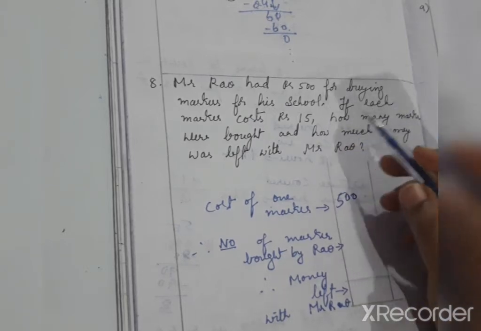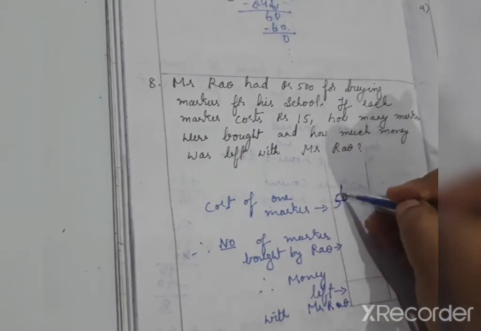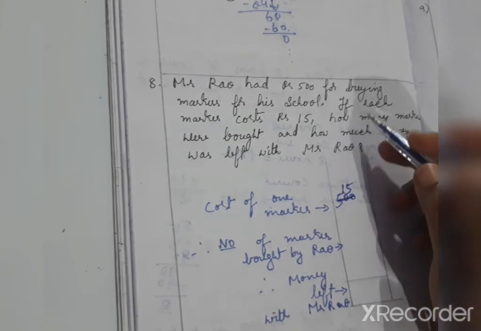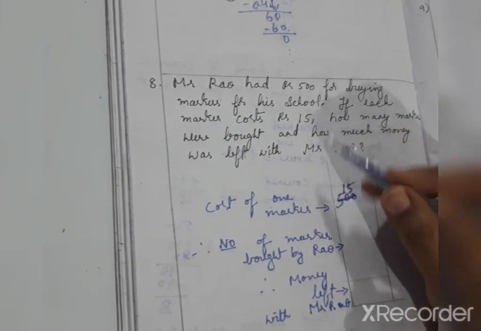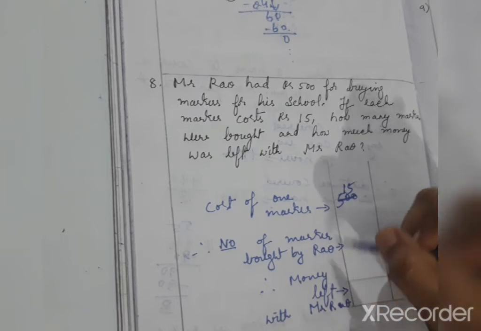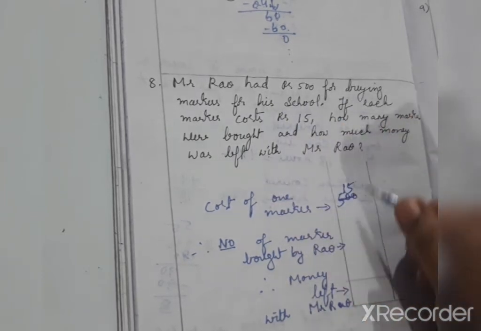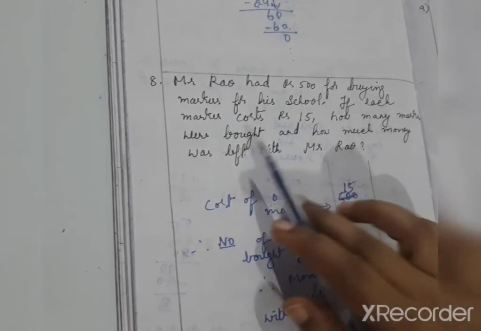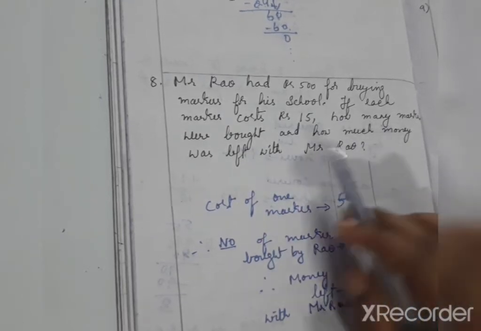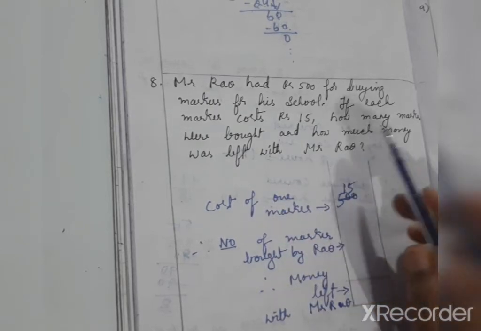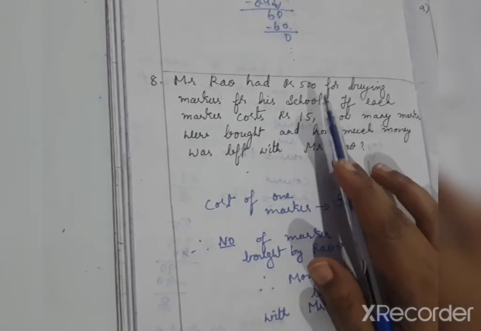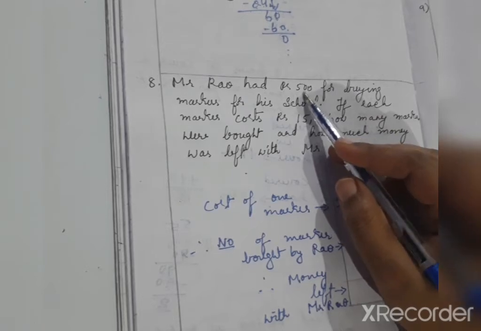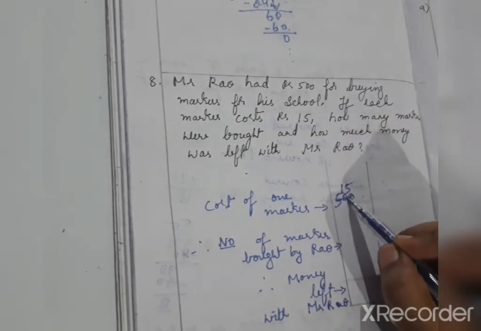Then number of markers bought by Mr. Rao. He had rupees 500, and the cost of one marker is 15.